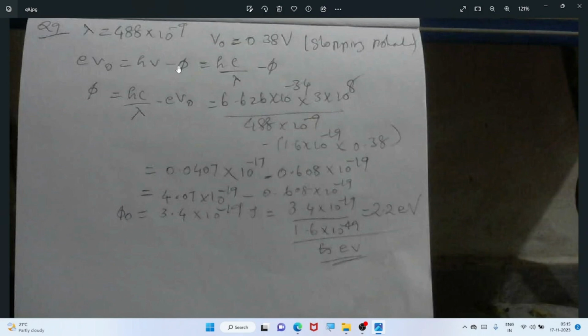Incident light energy minus the work function equal to eV naught, that equation. From this we can find the work function. Frequency V is equal to the speed of light divided by the wavelength. For this V we substitute this.